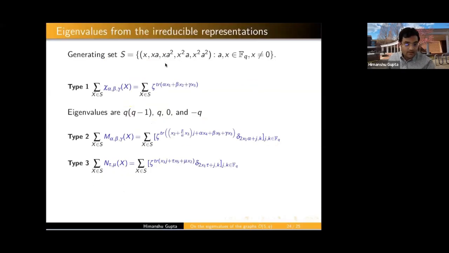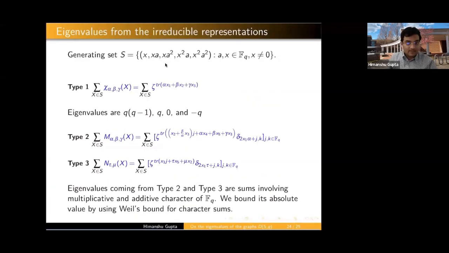For type 2 and type 3, it's very technical, so I'll just give you some idea. We write the summation of these matrices, and find the explicit expression of the jkth entry of this summation. After that, we can show the eigenvectors of these 2 matrices come from multiplicative characters of the finite field.